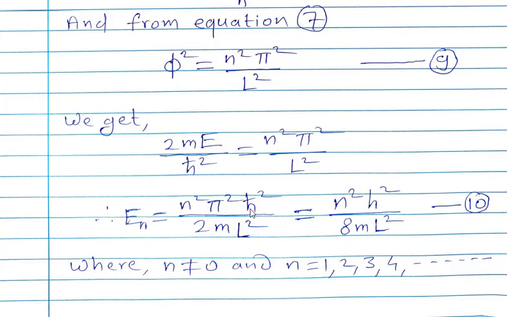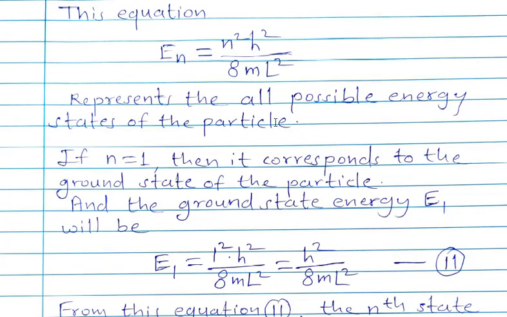And now if we substitute for this h cross as h by 2 pi, we get the nth state energy of the particle as n square h square by 8 m L square, provided that this n should not be equal to 0 and it can assume all possible values starting from 1 onwards, that is 1, 2, 3, 4, etc. This energy equation gives us all possible energy of the particle which is confined in a one-dimensional rigid box.